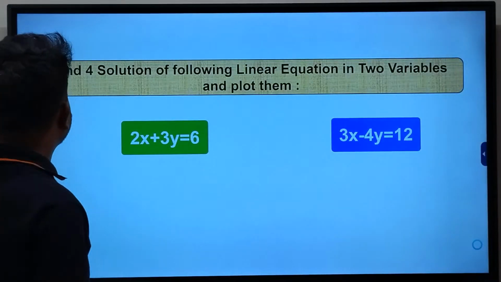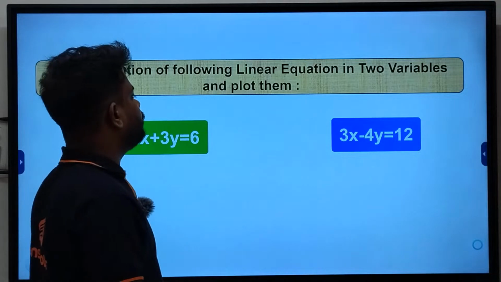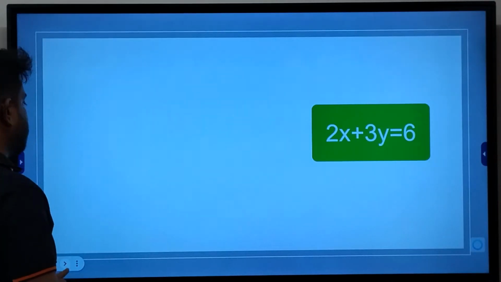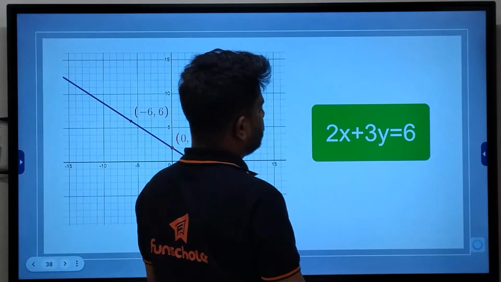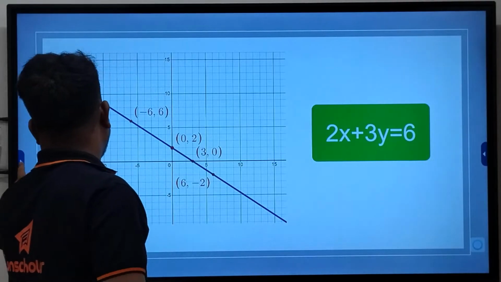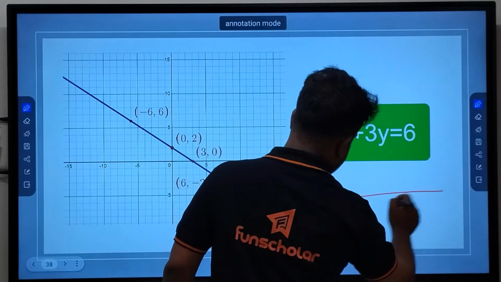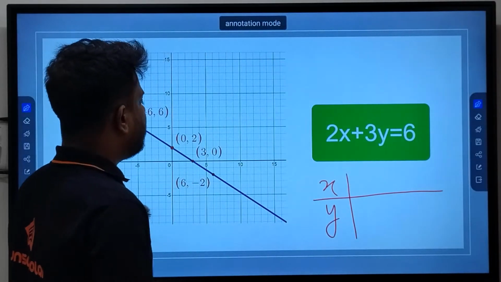So let's see. Find 4 solutions of the following linear equations in two variables and plot them. These are all real examples, like 2x plus 3y equals 6. How can we solve this?